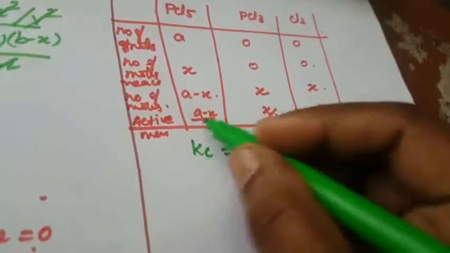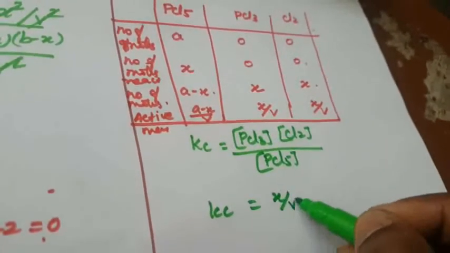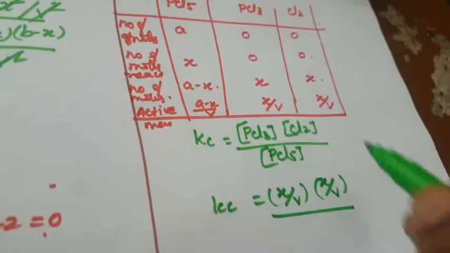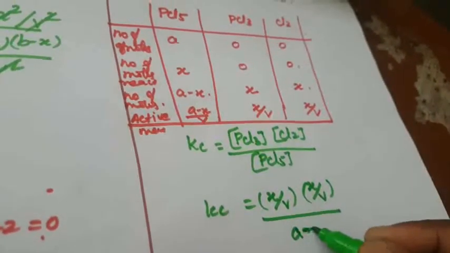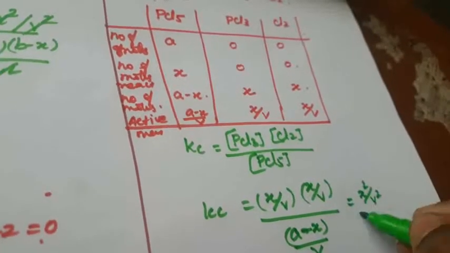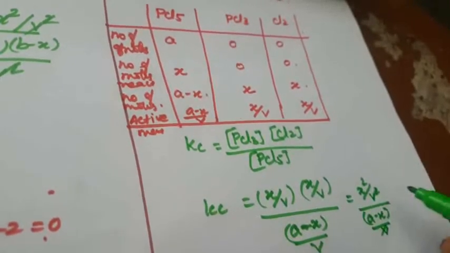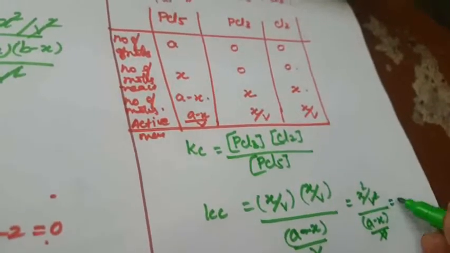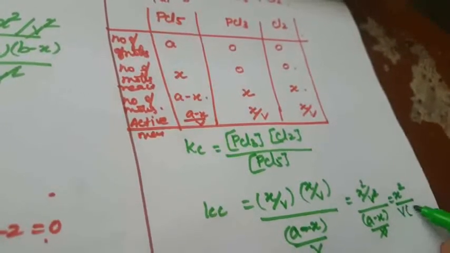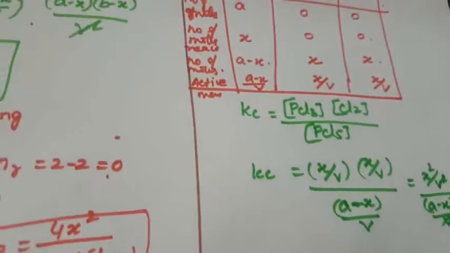Now substitute all the values. PCl3 is X by V, Cl2 also X by V, divided by PCl5, which is A minus X by V. So X square by V square by A minus X by V. V cancels, so that is X square by V into A minus X. That is the Kc value.